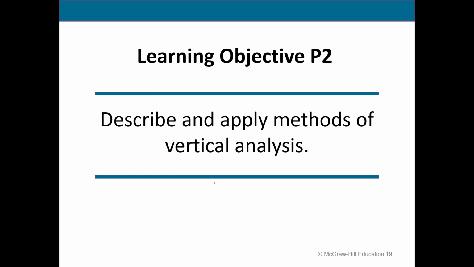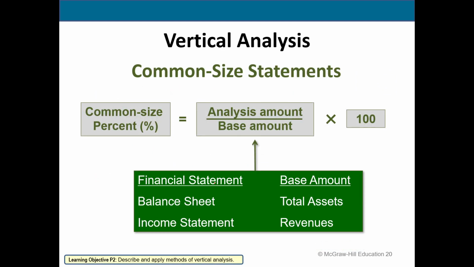Okay, in terms of vertical analysis, pretty much the same formula: the analysis amount divided by the base amount times 100. But our base amount, instead of being the prior year, is going to depend on what account I'm analyzing. So if I'm analyzing a balance sheet account, the base amount is going to be total assets.